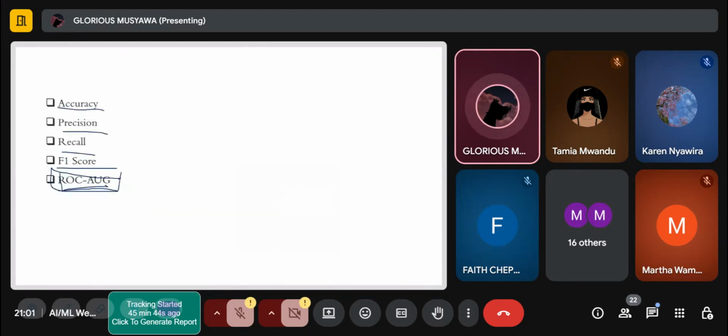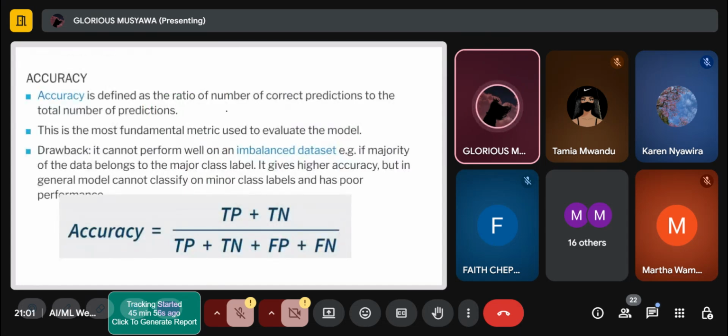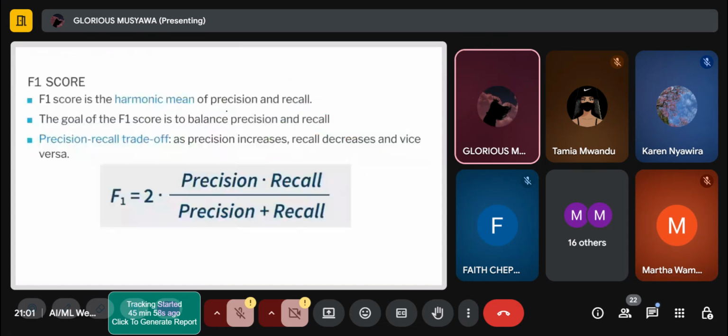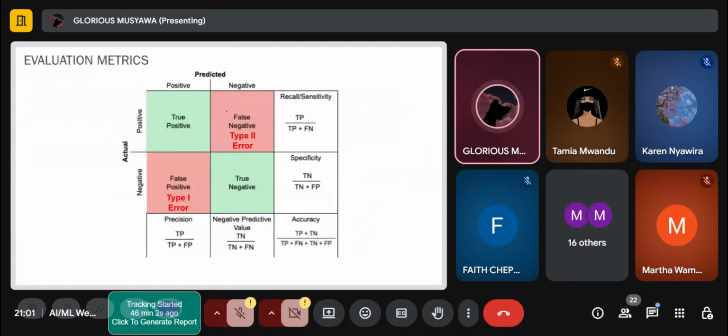So talking of evaluation metrics, we have accuracy, precision, recall, F1 score, ROC AUC. This is a confusion matrix, but this one is not okay, so I'll draw my own confusion matrix here.